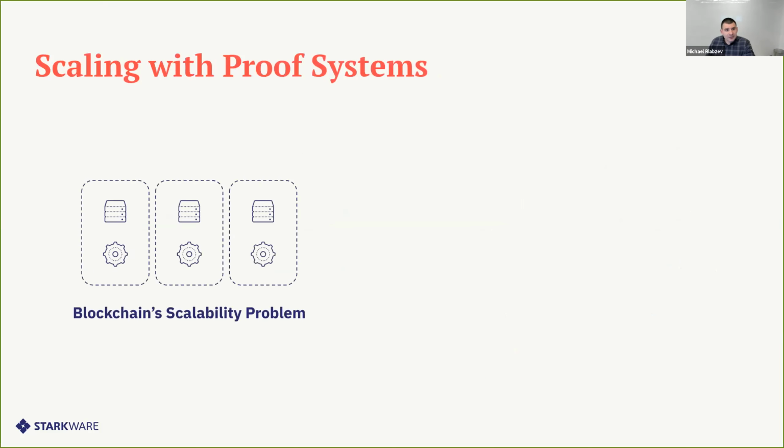I'll skip this slide. So what is the idea behind Stark Exchange? In blockchain, we have a lot of nodes all doing exactly the same work. If I send a transaction to the blockchain, the miner has to verify this transaction is legitimate. It has to verify my signature.